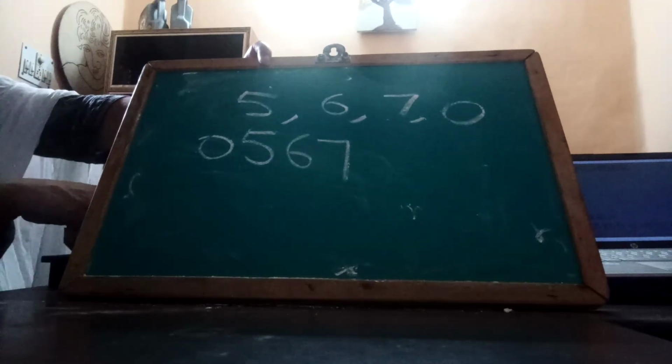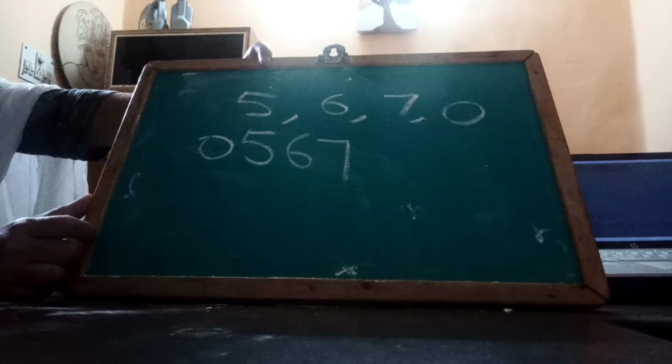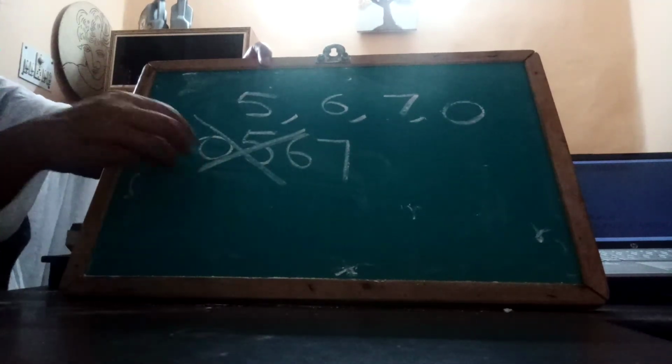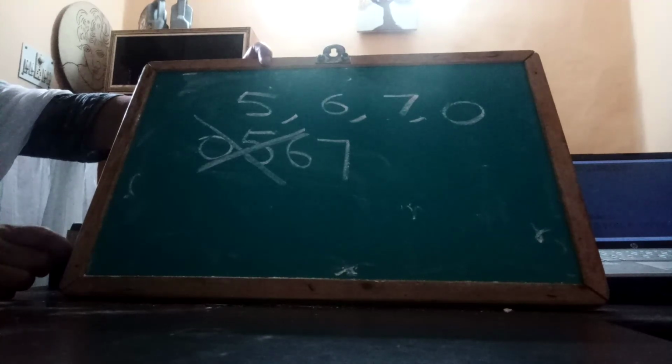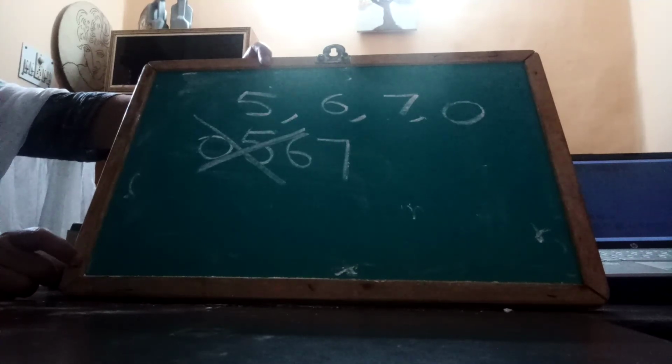If I just say what numbers you can form, then you can write this way. This can be one of the numbers. But if I use the term smallest number, then this is wrong according to the rules in maths textbooks. This is wrong if you have to form the smallest number using the given digits.